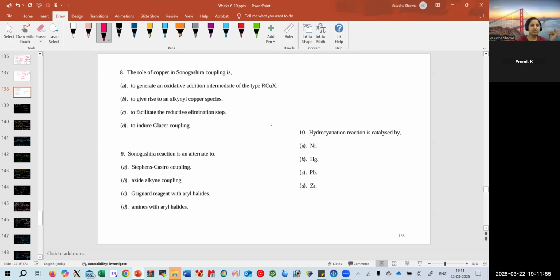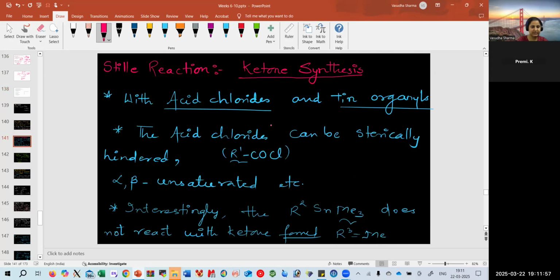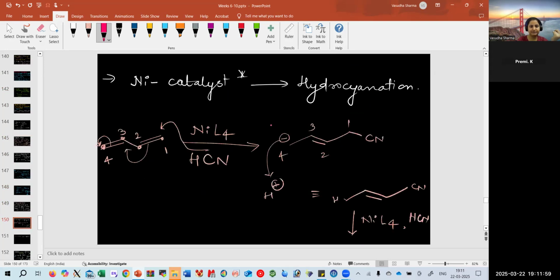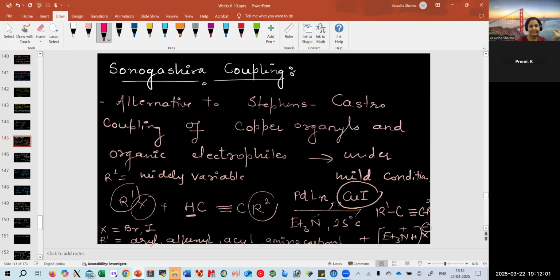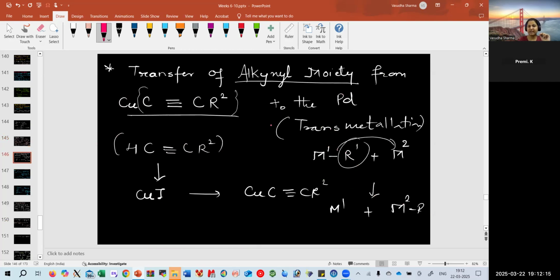So basically, can you have just the elements from the scheme? Okay, here. So we have an R1X and we have an alkyne. It is very important that in Sonogashira, alkynyl substrates are the important ones. And here copper iodide plays a very important role because what it does is it gives you a copper-C triple bond-R.